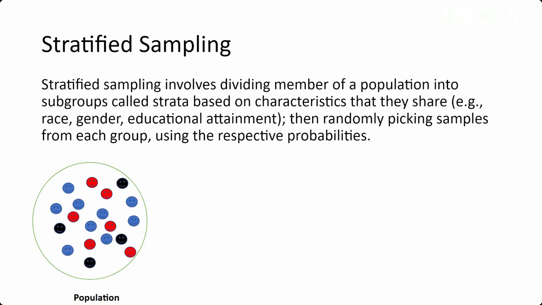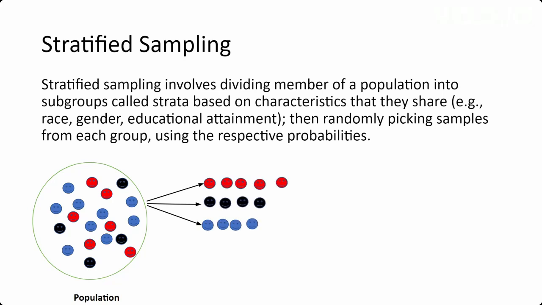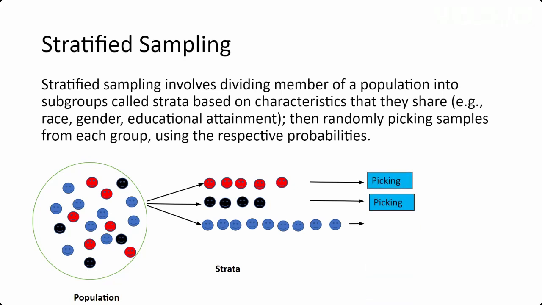Let me just say even racial. They are blue, red, black. So from that population, you are able to now put them into their respective groupings. We have red, we have black, we have blue. That's called a strata. And then from those strata, respectively, you pick samples.